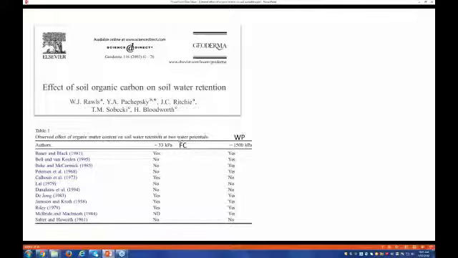Some literature says yes, organic matter affects field capacity, but some says no, it doesn't. So there is no general consensus on whether organic matter has an effect on field capacity and also on wilting point.